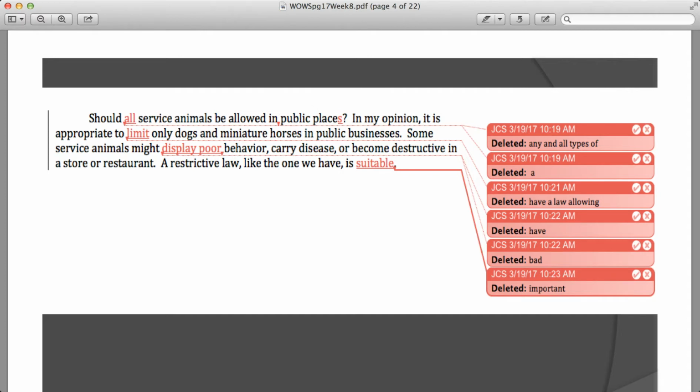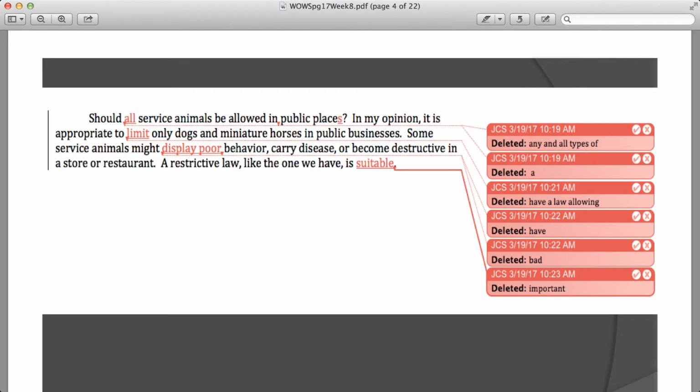Now, as we come on down, you're going to see here that I had the words, some service animals might have bad behavior. And I changed that. Well, let me do an add, I added in a better word, display, and I substituted poor for bad. So I did that as well.